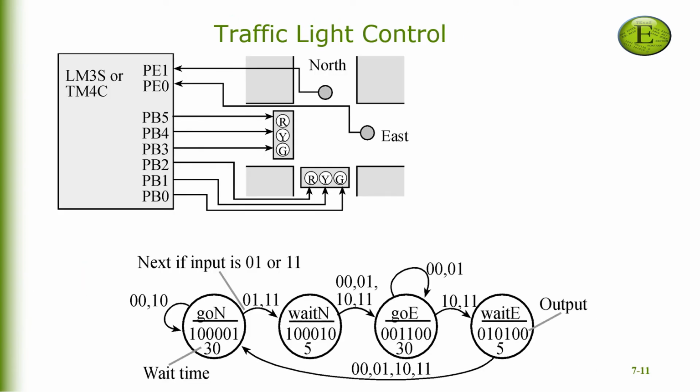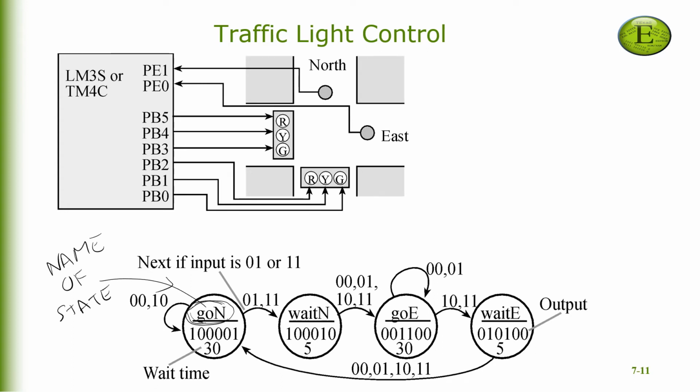Now we construct this finite state machine graph, state graph. Over here, it is shown by means of 4 states: go north, go east, wait east, and wait north. There are 4 states, and the transitions are shown by means of the arcs. Now, to understand each state, it is specified by its name, that is go north. So that is essentially the name of the state.